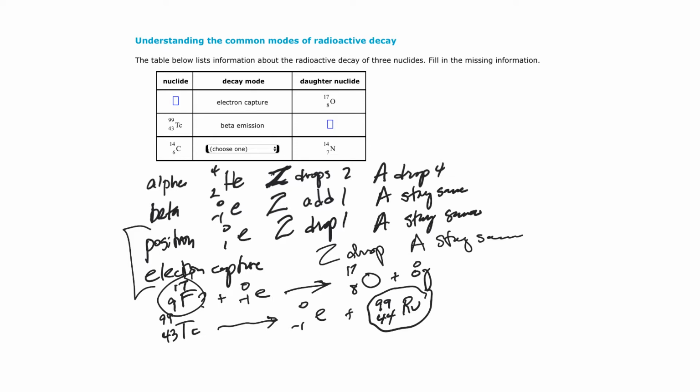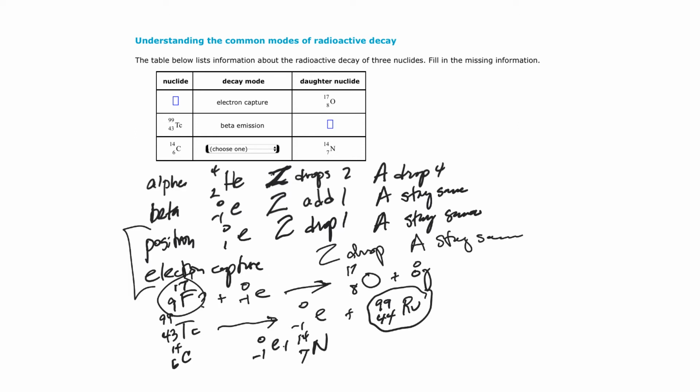And what is your third one? Carbon 14. Carbon is 6. We don't know what it is yet, but we know that the daughter nuclide is going to go up to nitrogen and stay 14. Well, that means that 14 plus something is 14, so it has to be 0 on the top. 7 plus something equals 6, so that's a -1.